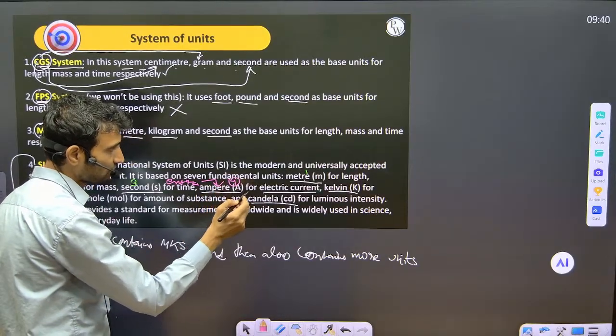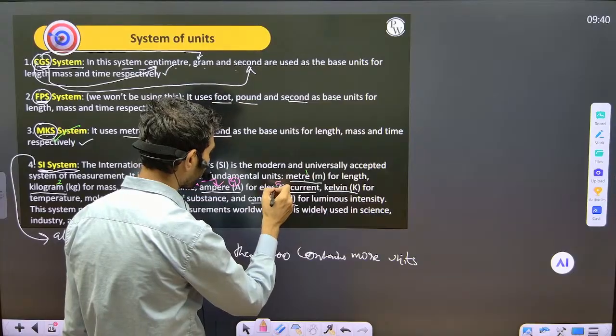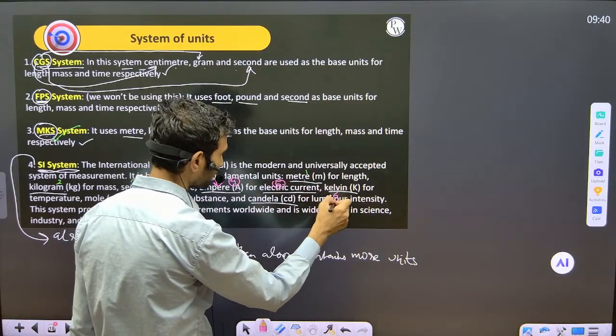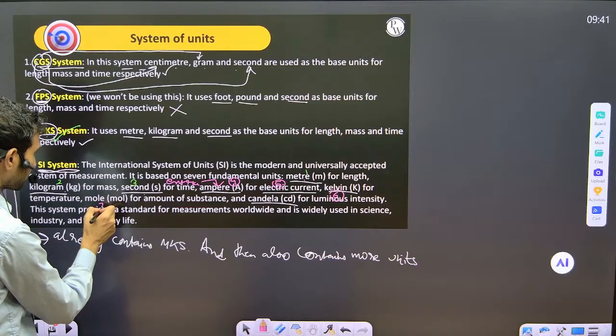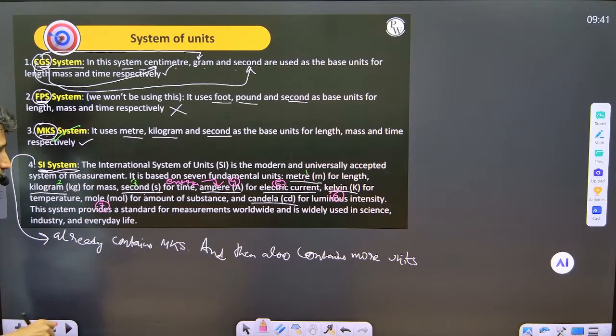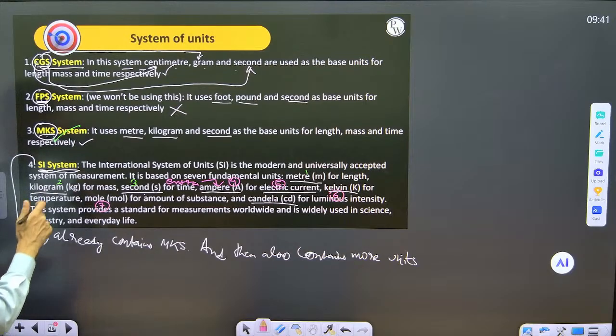Fourth one is extra. Current, Kelvin, and mole. These guys are extra. And the total make how much? Total make 7 quantities. And when you combine all those 7 quantities, what you get is called the SI system.